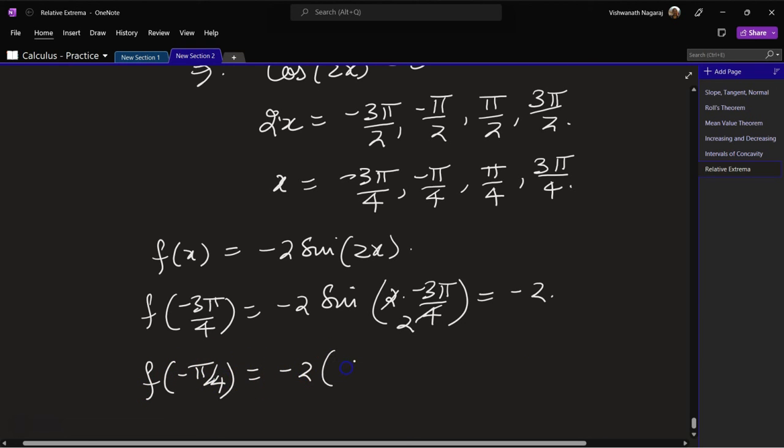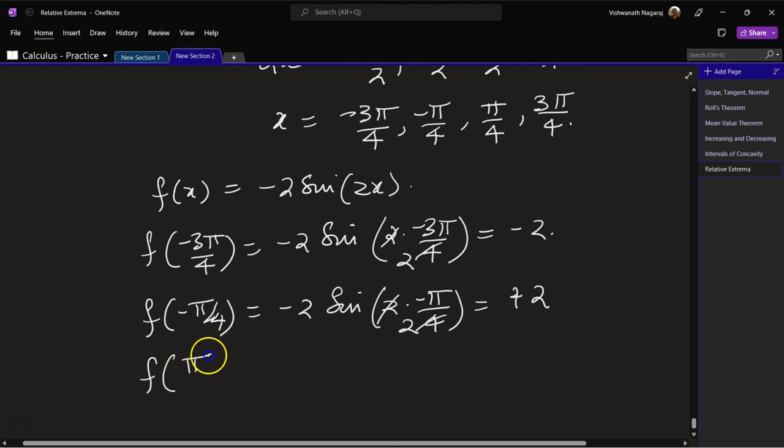So minus 2 sine 2 times minus pi by 4, which gives us minus pi by 2, which is minus 1. So minus 1 times minus 2 is plus 2.